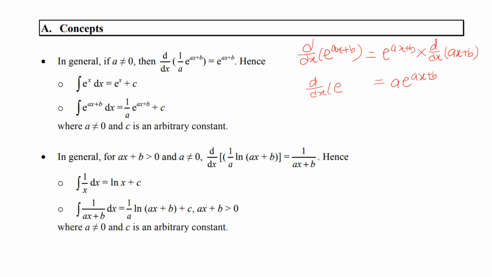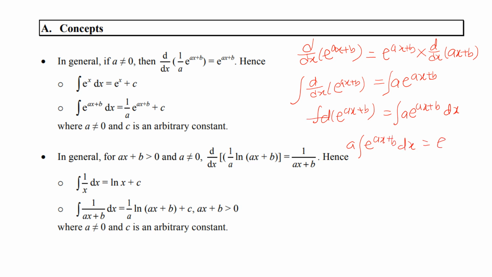And since integration is the reverse process of differentiation, we've been doing this numerous times. I'm going to pull out a because a is a constant, and this goes off because they are reverse processes of each other.